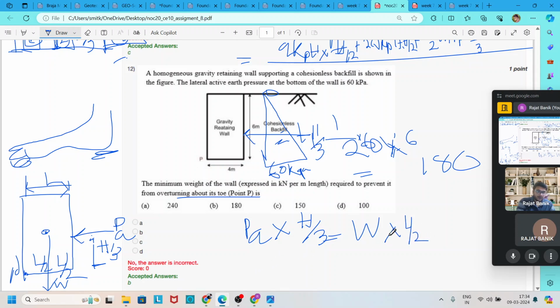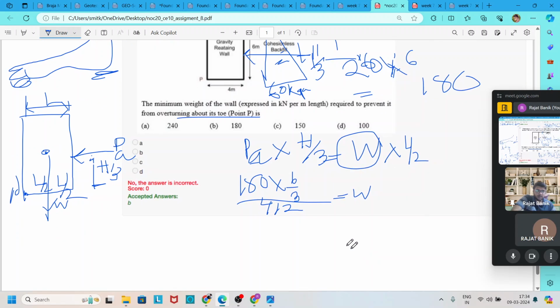Just equating and find out W, the total weight required to prevent the overturning. We find PA is 180, H by 3 is 6 by 3, and divided by L by 2 means 4 by 2, and find out the W. This is also 2, 2 cancel again, and it becomes 180.